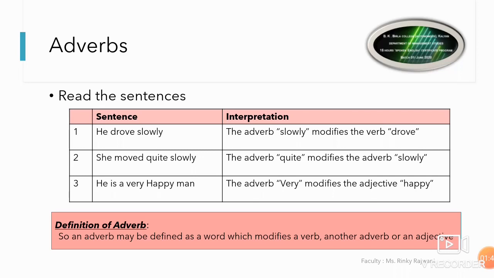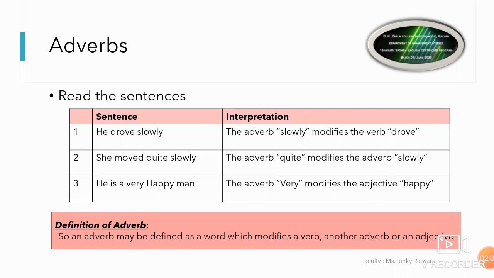Let's see the third one. He's a very happy man. Here happy is an adjective. Already you have studied this. Very is an adverb. Here very is modifying an adjective.